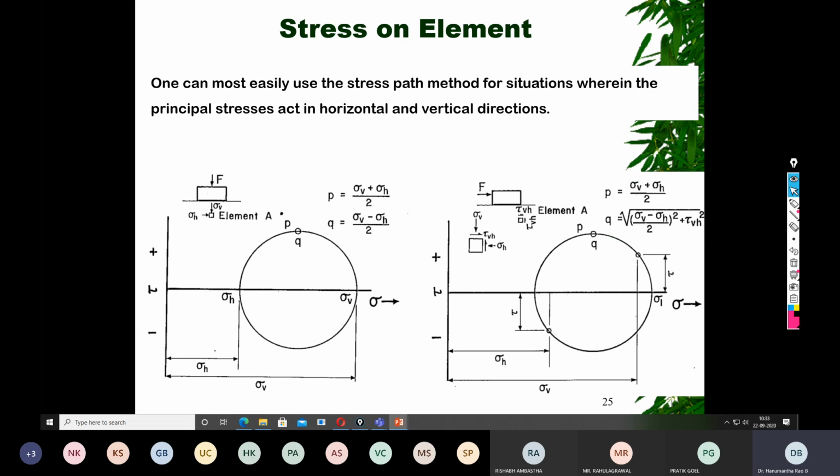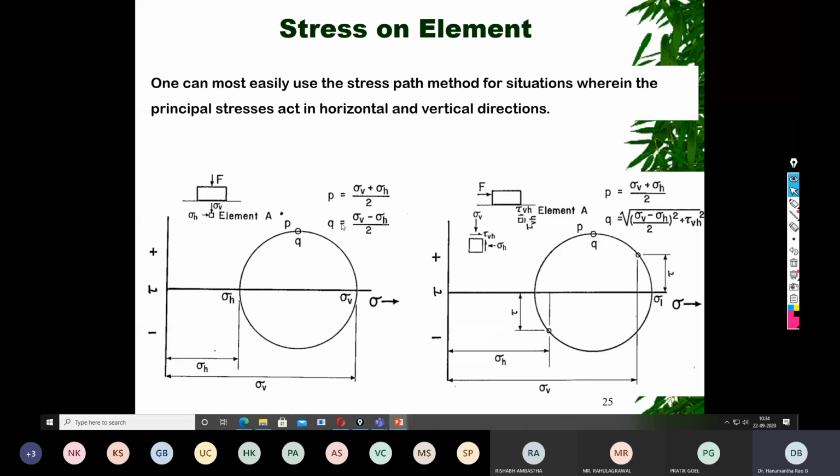This is in the form of major and minor principal stresses, and this is in the form of simple stresses. So here you can understand, this is sigma h and sigma v. You take any point: P is nothing but (sigma v plus sigma h) by 2, and Q is nothing but (sigma v minus sigma h) by 2.